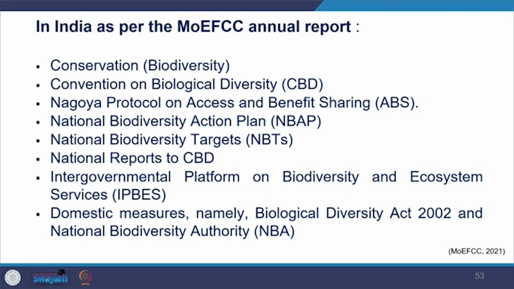Then the National Biodiversity Action Plan and National Biodiversity Targets, national reports to CBD, and the Intergovernmental Platform on Biodiversity and Ecosystem Services. Domestic measures include the Biological Diversity Act 2002 and the National Biodiversity Authority, NBA. All of this shows how we align our things with the global requirement.